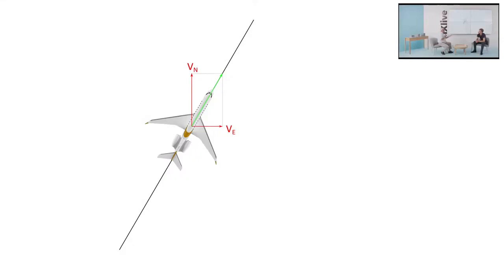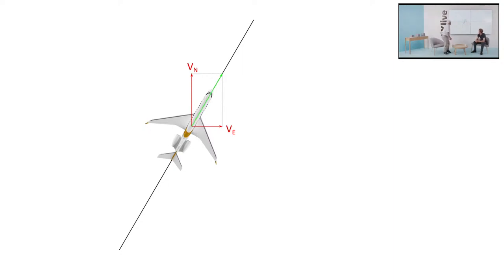But especially on aircraft and on vessels, what happens is that the heading is not always the same as the course. As a reminder, the course is the direction of the velocity vector.